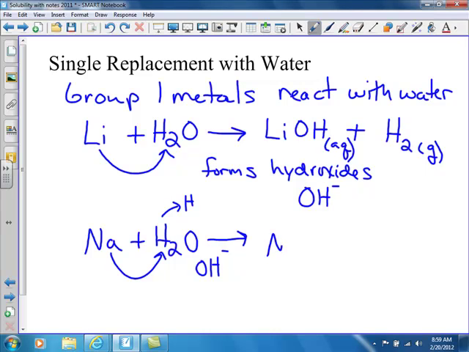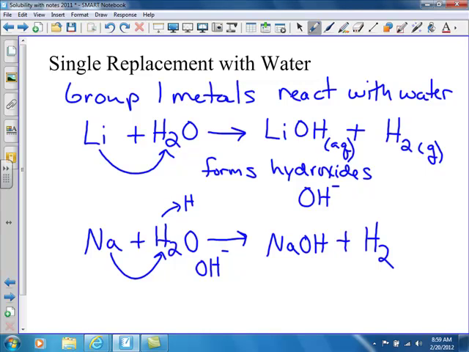And so I'm going to get NaOH plus a hydrogen. But again, that hydrogen is diatomic, so we need an H2 there. Okay? And I haven't balanced any of these, but of course we should always go back and balance.